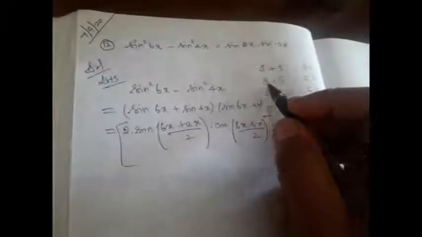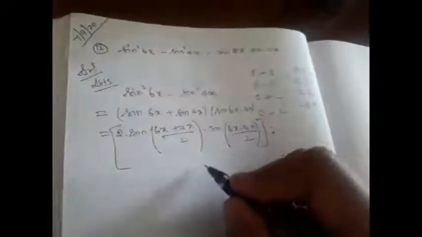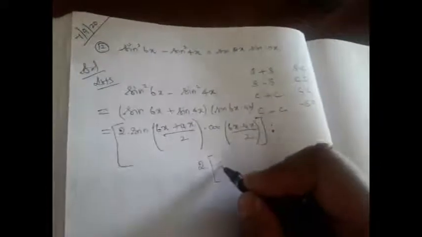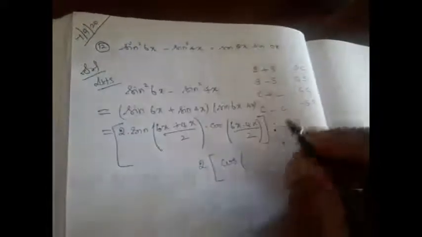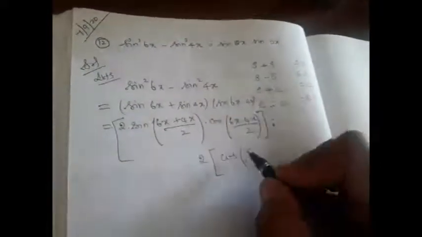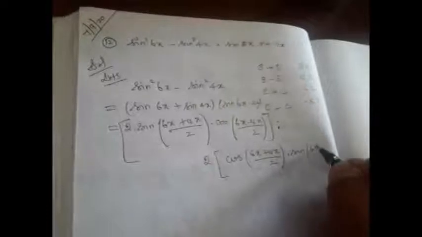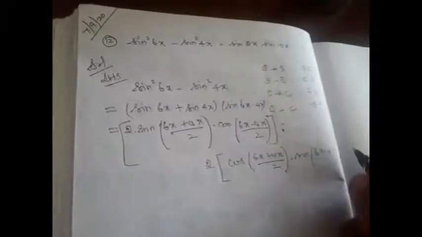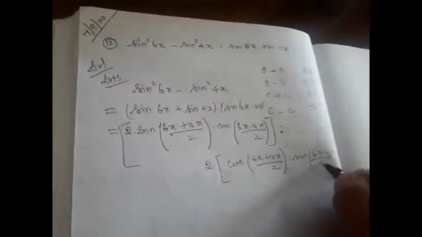This is our first term. What is the next term? S minus s means cs. So again 2 into cos of x plus y by 2, that is 6x plus 4x divided by 2, into sine of 6x minus 4x divided by 2.